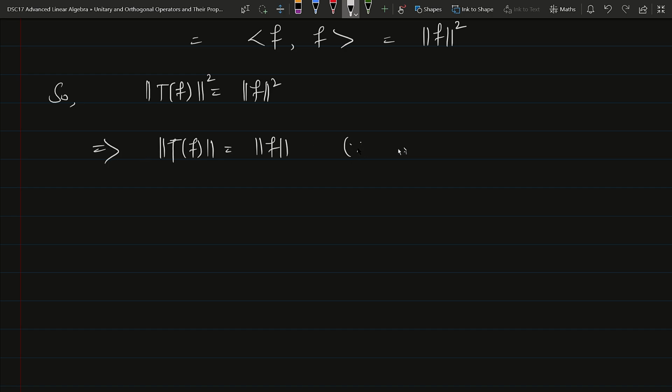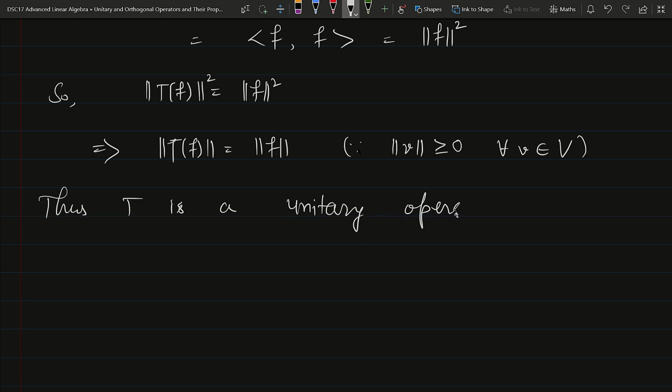Because norm of v is always non-negative for all v belongs to the vector space V. Okay, this is one property of norm. So here you can see this T preserves the norm, hence we can say this T is a unitary operator. Thus T is a unitary operator. Okay.